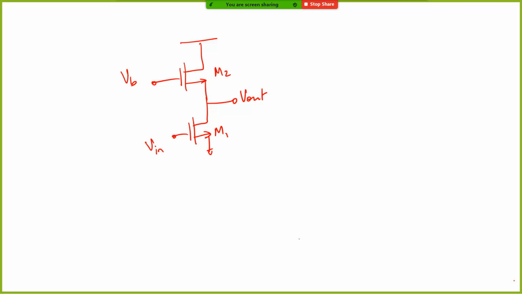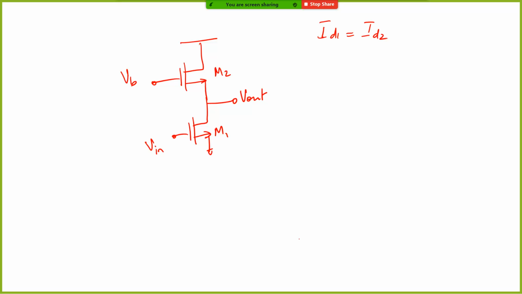So ID1 is equal to ID2. When you are designing, you have to make sure that you design both the biases as well as the W by L ratios such that both of them are able to handle the same amount of current. You want both of them to be in saturation.